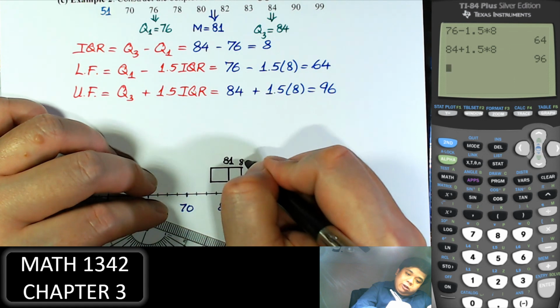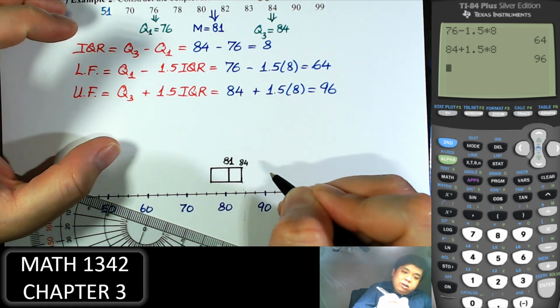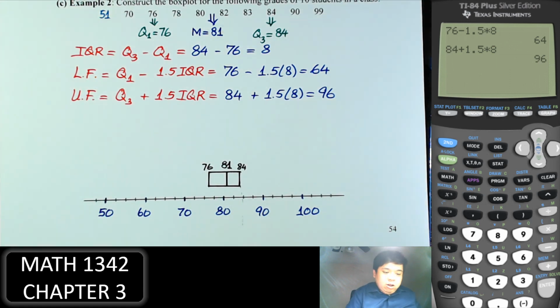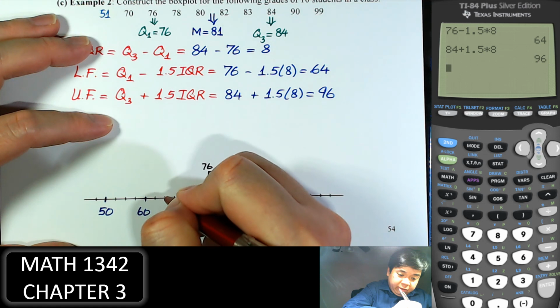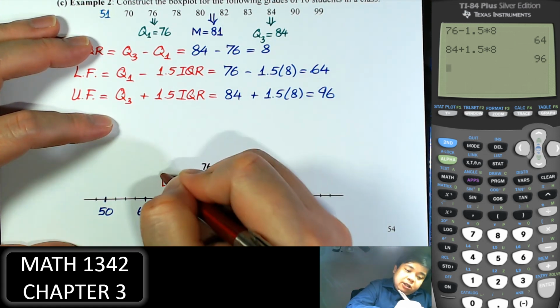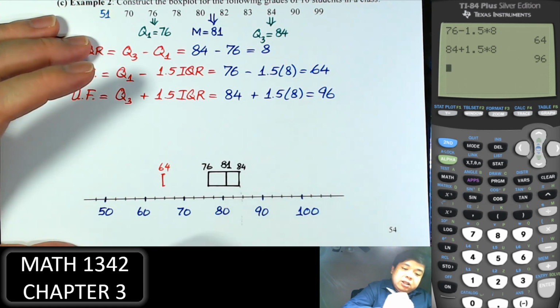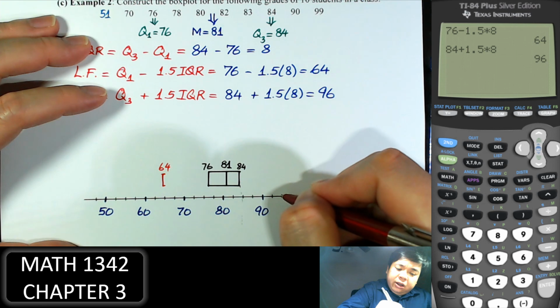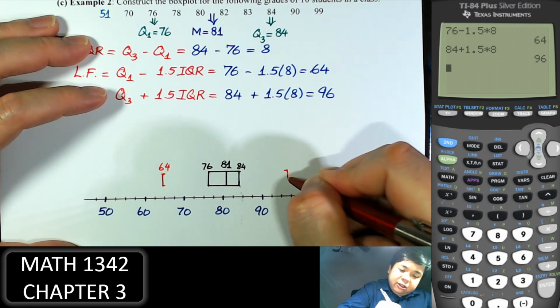So 84 for the third quartile and 76 for the first quartile. The fences at 64, a little bit on the left, the lower fence, and the upper fence is 96, a little more than that.